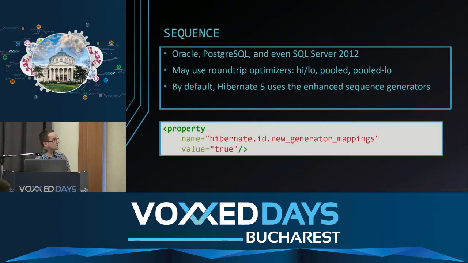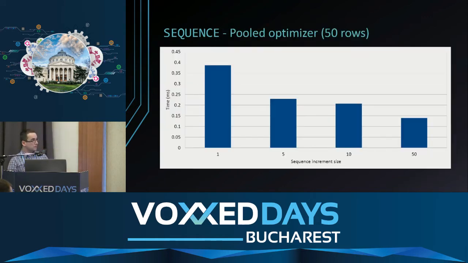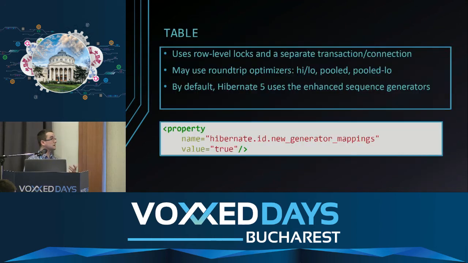If you're stuck with an old version of Hibernate, you might want to turn that property to true to benefit from the pooled and pooled-lo optimizers, which otherwise you couldn't use. If you measure the impact when saving 50 rows and juggling with the sequence increment size, you see that if you reduce the number of round trips, the response time decreases. This is very important when you're doing batch processing or heavy writing.